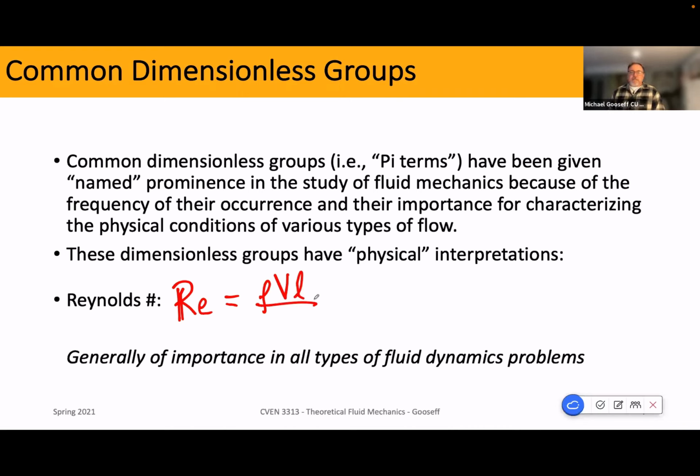So that characteristic length, for example, in a pipe would be like the diameter of that pipe, and then divided by mu, okay, the dynamic viscosity. Now, ultimately, this can be interpreted as the ratio of inertial forces, or inertial force to viscous force.